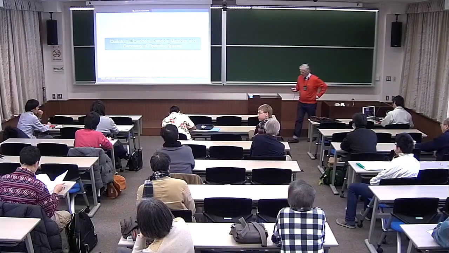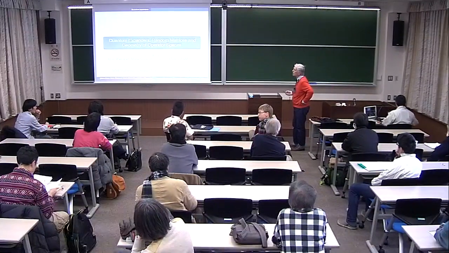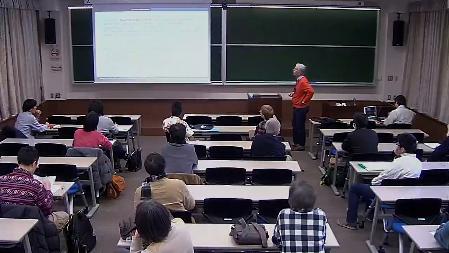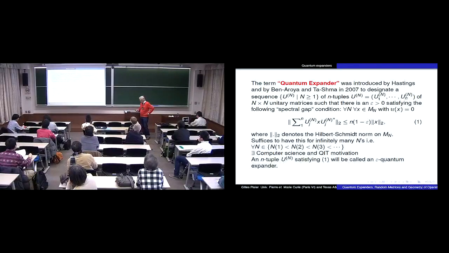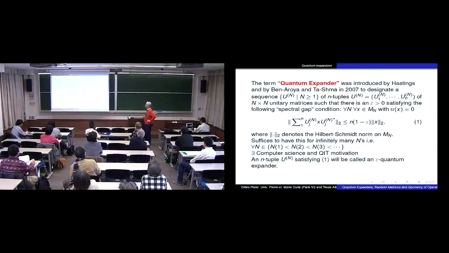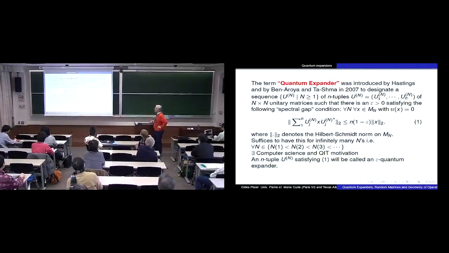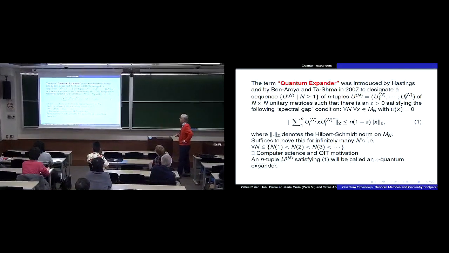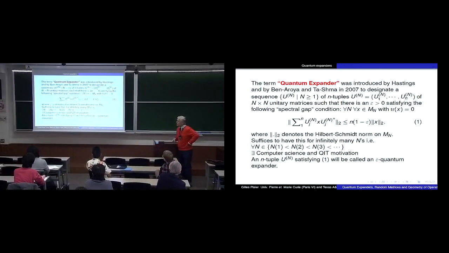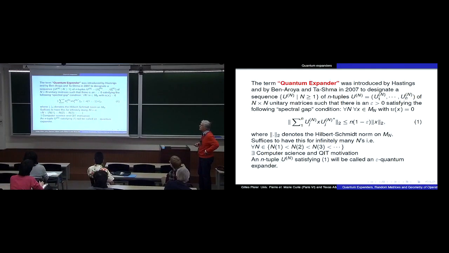Okay, so the main subject today of the talk is quantum expanders. A quantum expander is, of course, as you will see, a non-commutative version of the notion of expander. The term, at least, was introduced fairly recently, in '07, by Hastings, who is usually described as a theoretical physicist, a mathematical physicist.